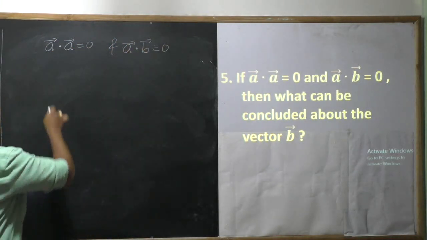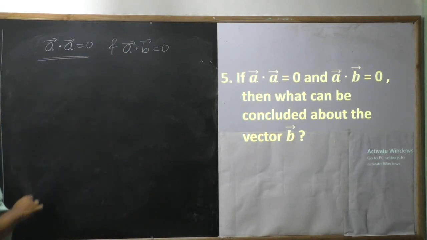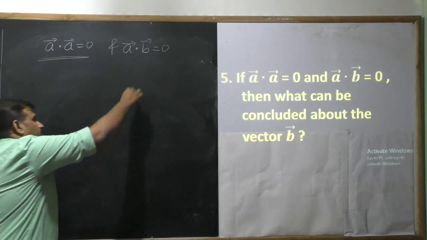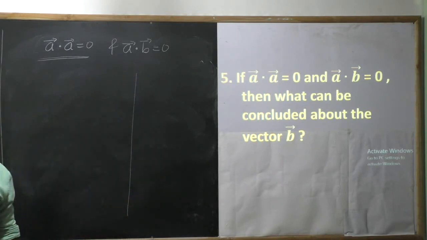So okay, first just take the first condition only. The first condition says vector a dot vector a is equal to 0. If a dot product is 0, once again let us discuss the observation.